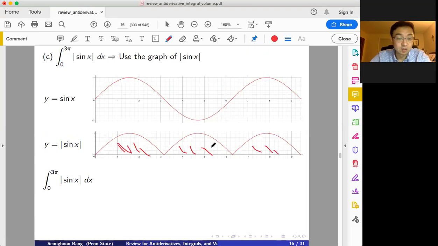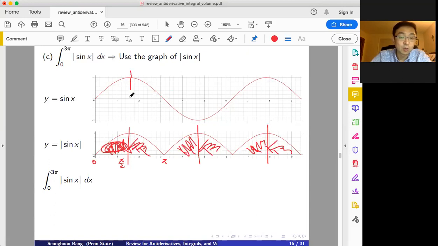So let me see. You can cut from here. This is 0. This is pi over 2. This is pi. So this area is exactly the same as this area. You can cut here. This area is the same as this area. Cut. This area is the same as this area. So this first area is the same as the original one, from 0 to pi over 2.